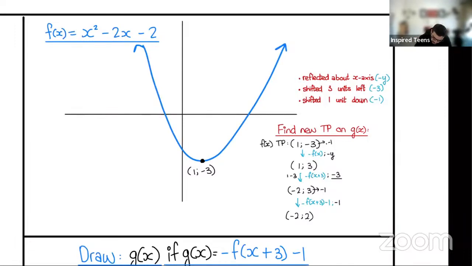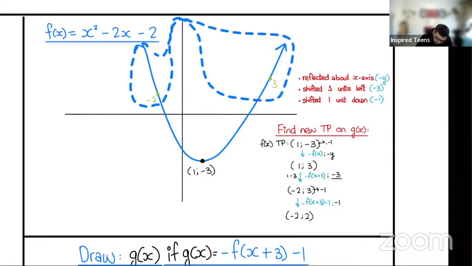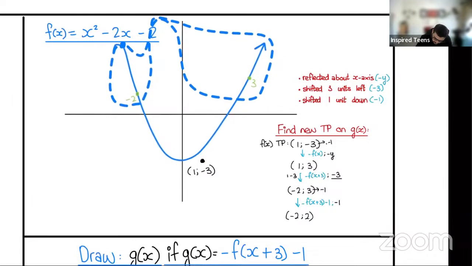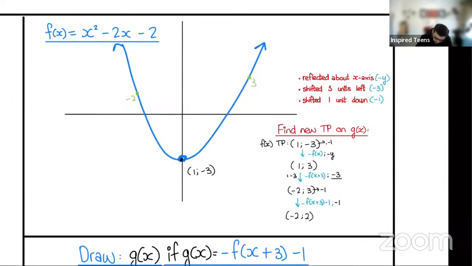So for example, if here we had an x coordinate of 3 and here we had an x coordinate of -2, when they shift, this now becomes -3, and this now becomes 2, because it shifted 1, and this becomes 0. They all shift to the left.